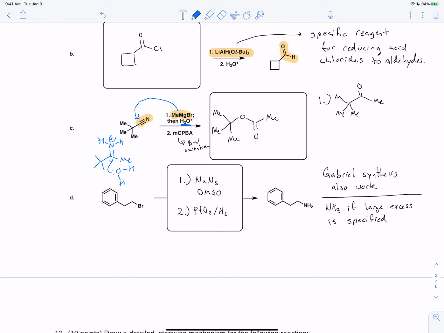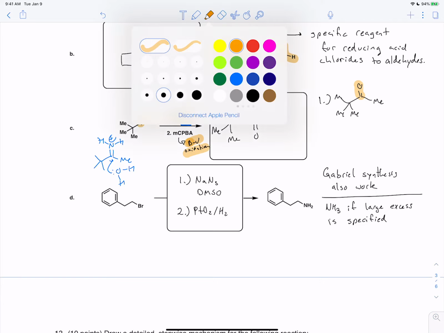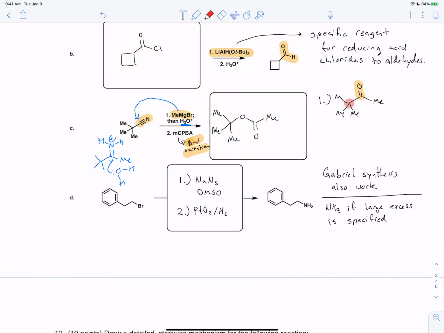After hydrolysis, we're left with just a simple ketone. MCPBA will effect a Baeyer-Villiger oxidation, and the migrating group will be the tert-butyl group because it's more substituted and it's better at stabilizing positive charge.